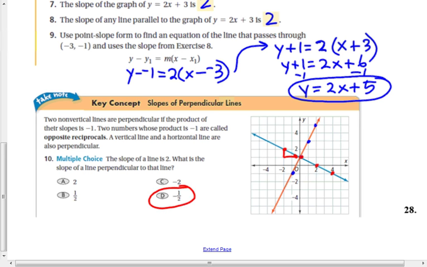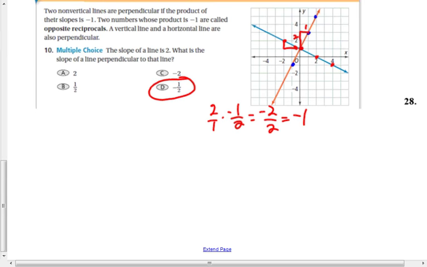And that's this answer right here, D. And notice that if I took those two slopes, this slope being up 2/1, 2/1 times -1/2 is equal to -2/2, which is -1. In general, in order for two lines to be perpendicular, the slopes need to be opposite reciprocals.